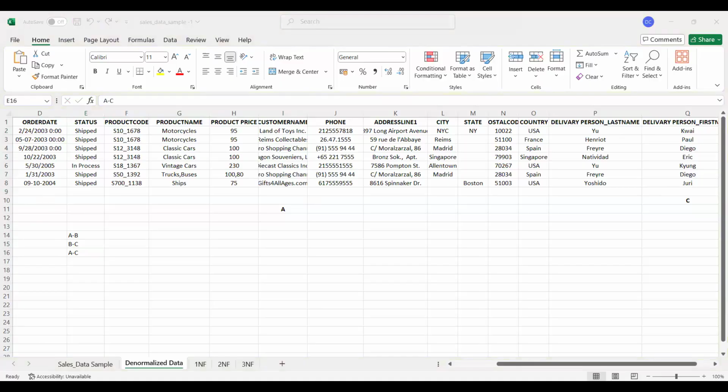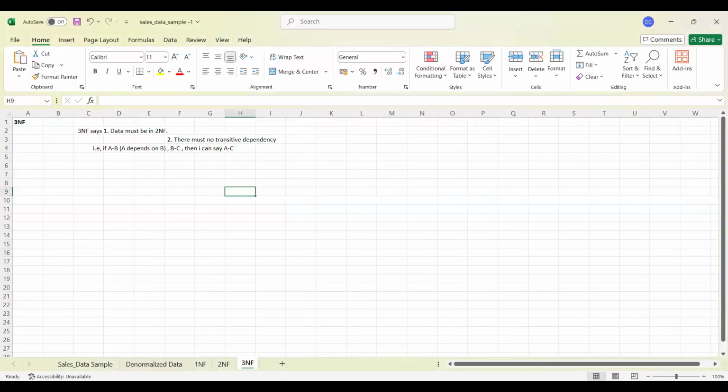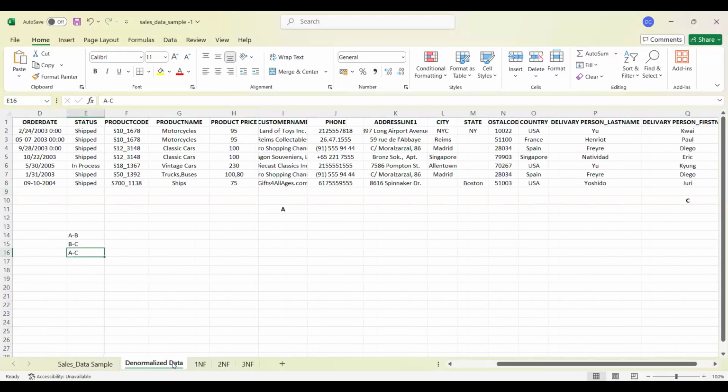Okay. In 3NF now, they are saying that we should not have transitive dependency in our data. Okay. That means in one table, we should not have A, B, and C. At least two also we should not have. I should not have A and B together.